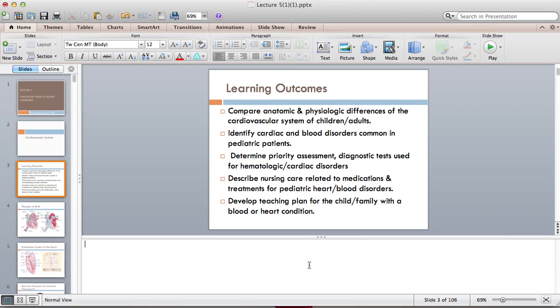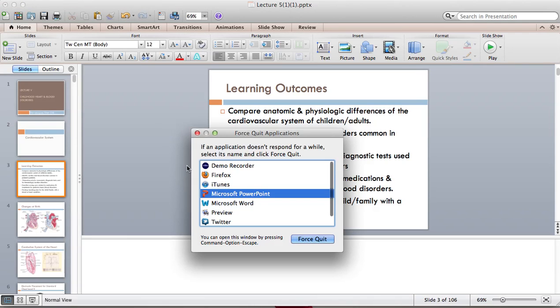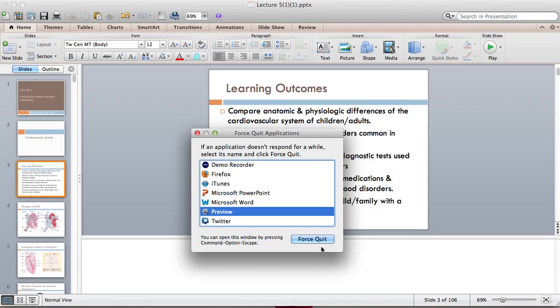We'll have to determine a priority assessment and intervention that we can put in place when we are caring for a child who has a cardiac or blood disorder. Of all the things that we are doing for our patient, which ones are the most important things that we need to do? Those should be the first things that we do, and then other things that are important to do, we'll just throw those in.